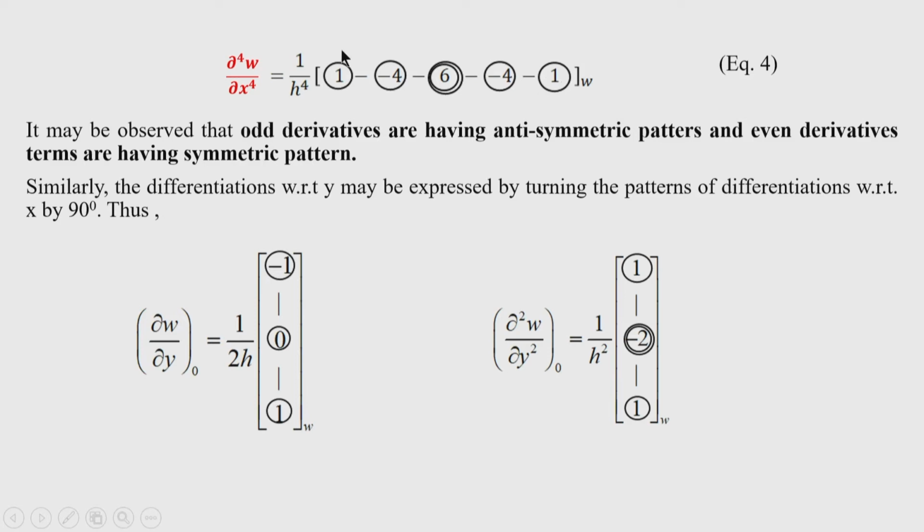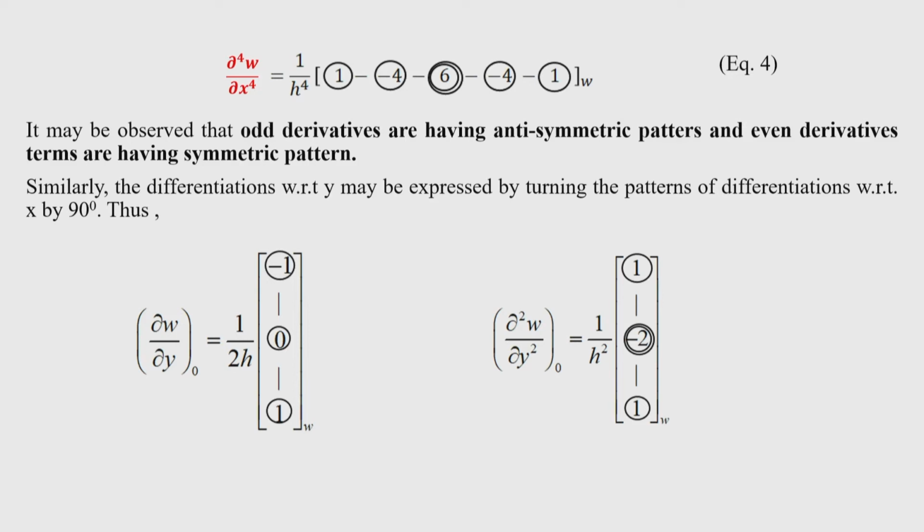So, we have obtained the finite difference form of the derivatives with respect to x. If I want to express the derivative with respect to y, a similar procedure can be adopted without any difficulty, and in case of writing the derivative in stencil form, we just rotate it 90 degrees.